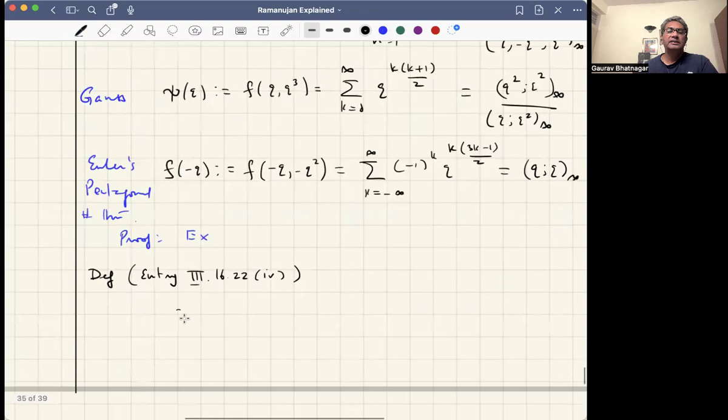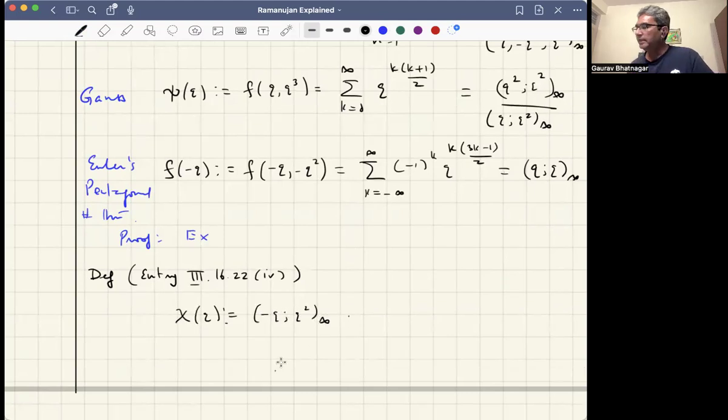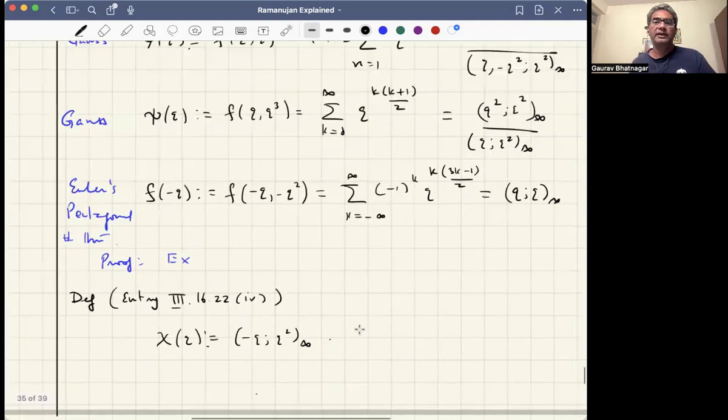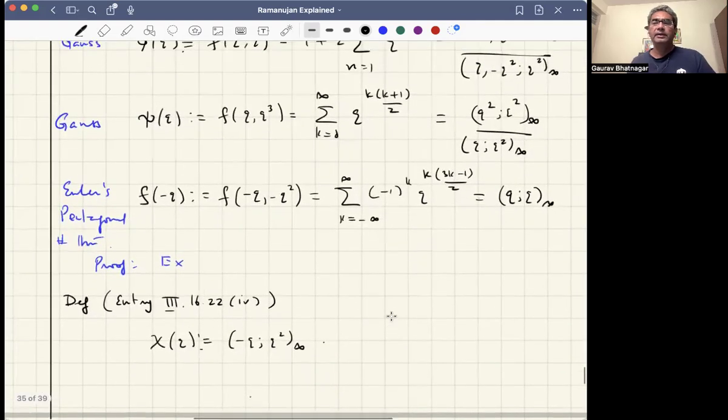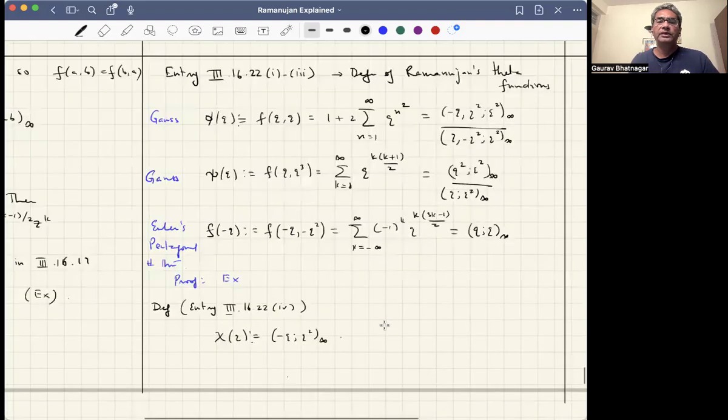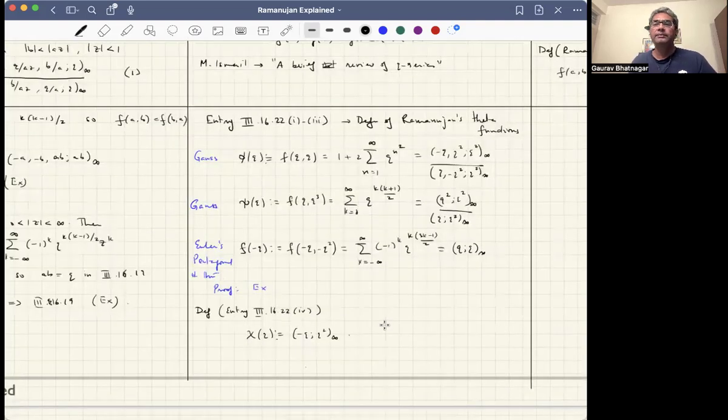He defined chi of q to be equal to minus q squared. So in the sequel, in the exercises, I will note down several things which you can get very easily using these functions, and that brings us to the end of this lecture.